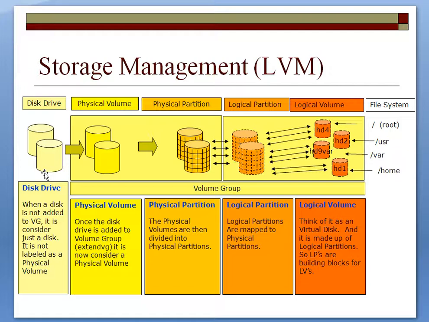When you add them into a volume group, they're considered to be physical volumes, meaning something that's physical, something you can physically touch. It's a hard drive. That's all it is.